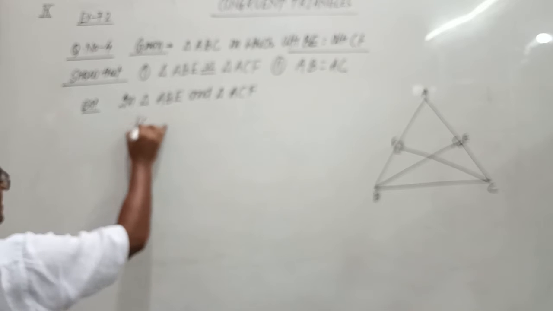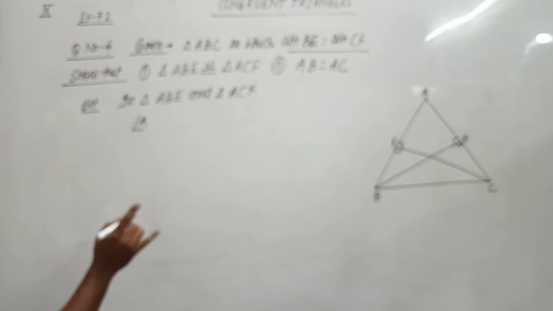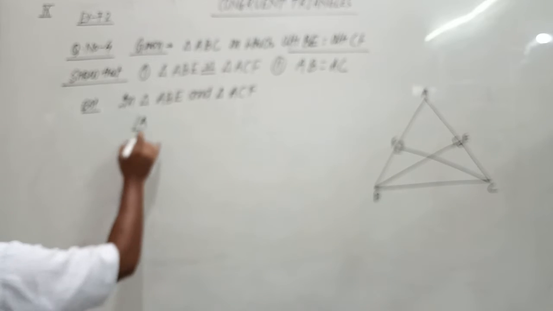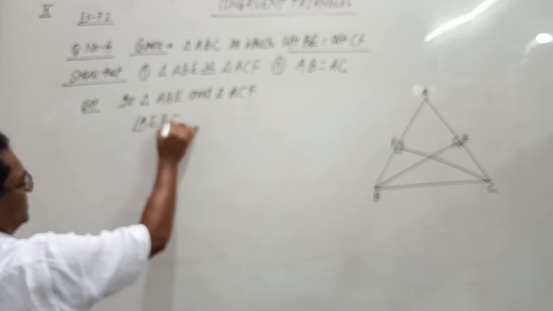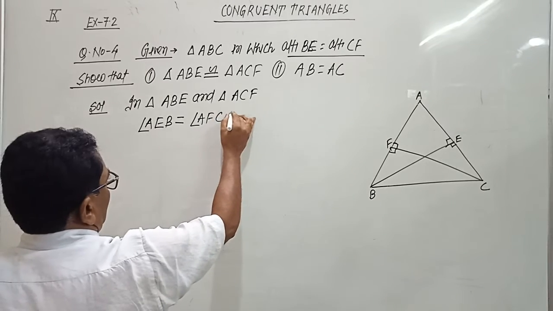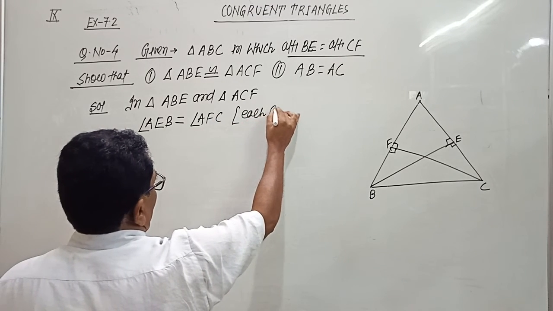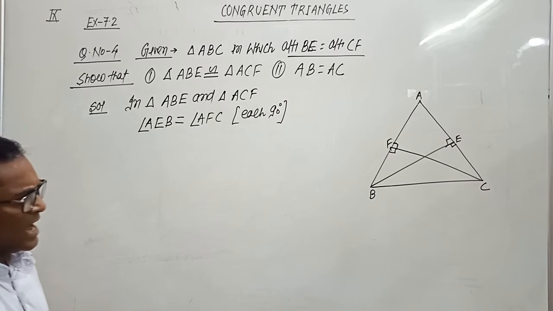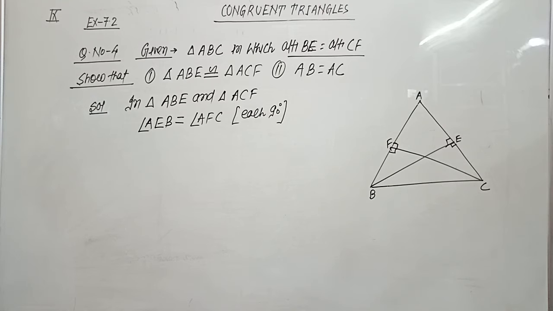So these two angles are equal: angle AEB equals angle AFC, each 90 degrees.